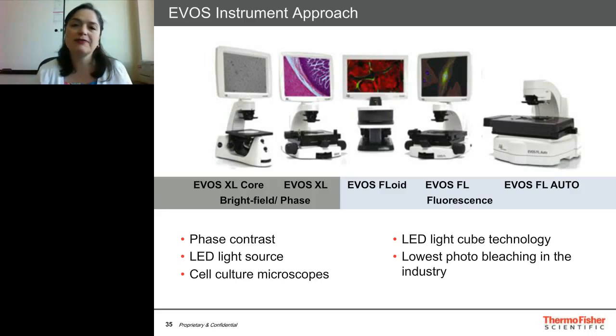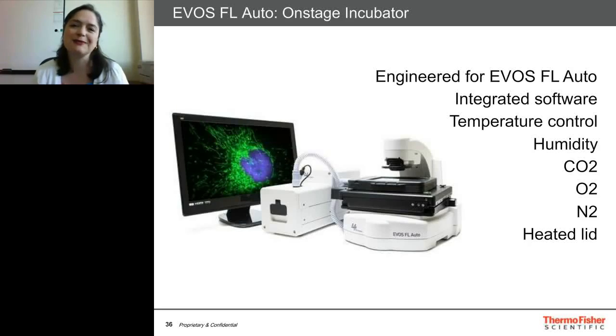And one of my favorite things about them, my favorite one is the FL Auto, and the reason I love it is because I'm a physiologist, and I love that you can get an on-stage incubator that's pretty nice and simple to use, and that gets us back to why we're going here. You can put your cells in that nice controlled environment.